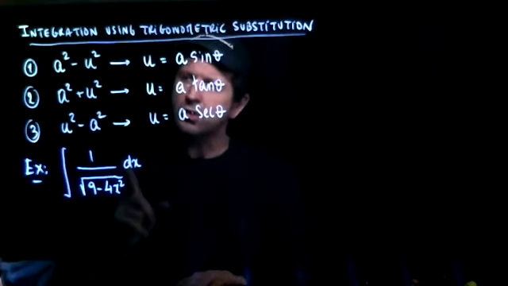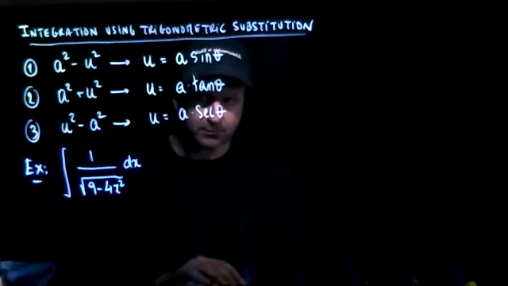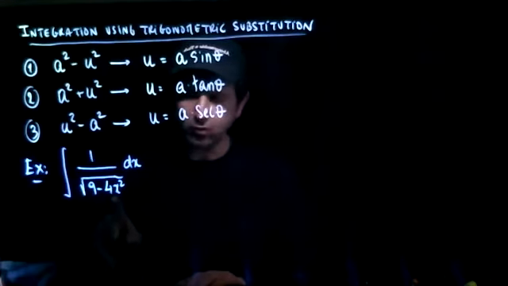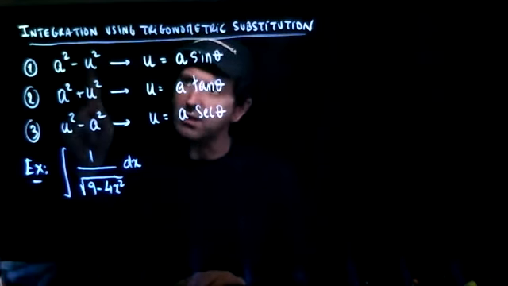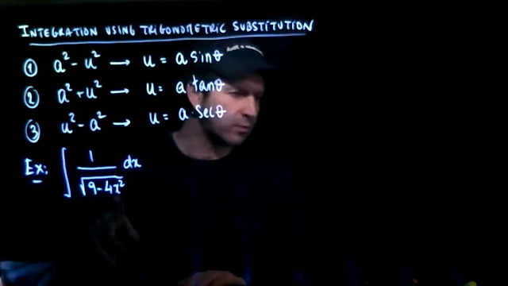Okay, so which of the three forms do you recognize? First one. It's A squared minus U squared. The U is always the term that contains the variable.